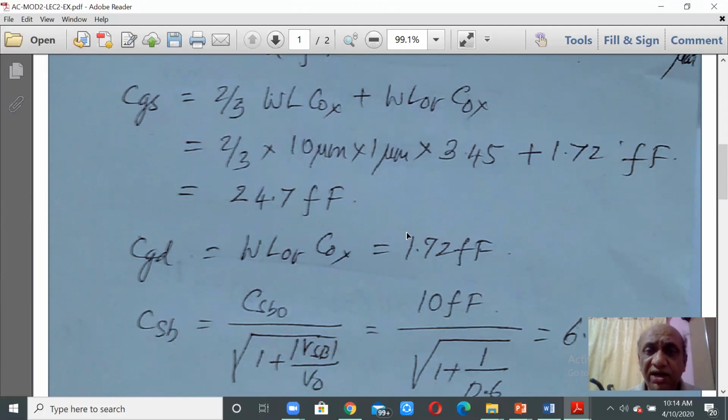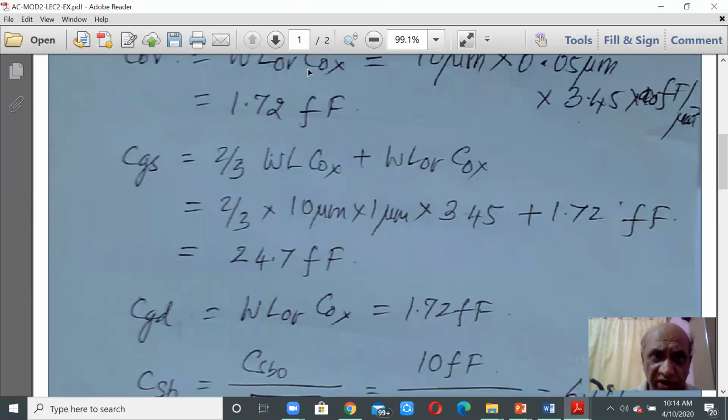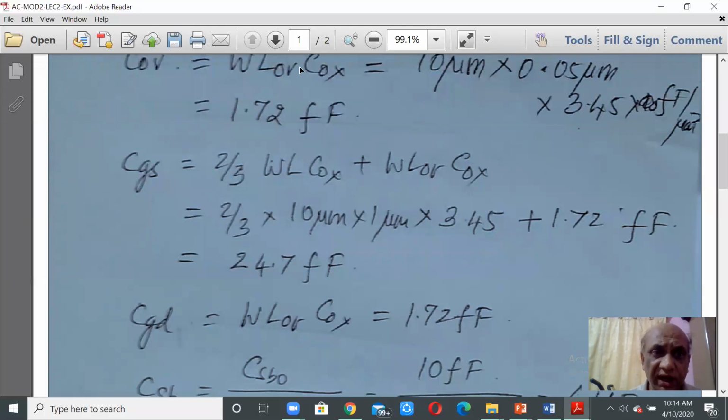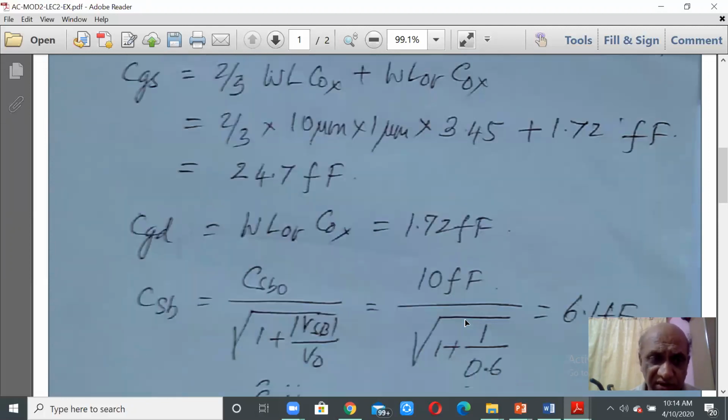Then Cgd will be the same value, 1.72, since Cgd is Cov itself.